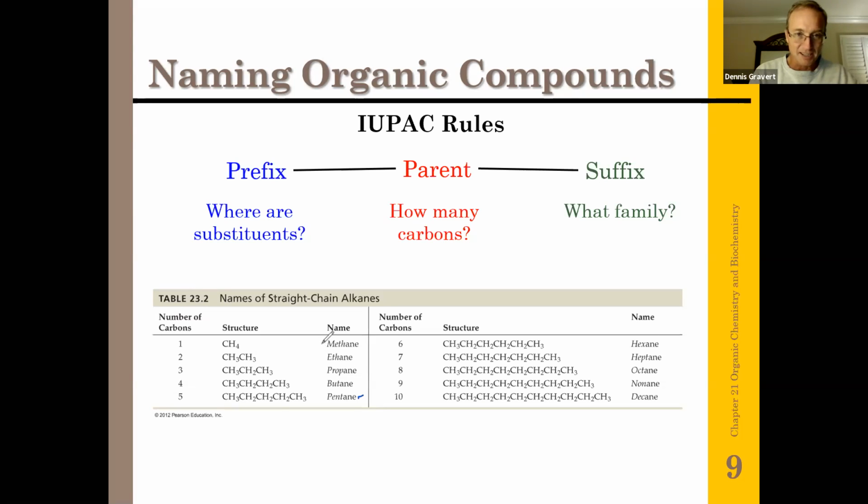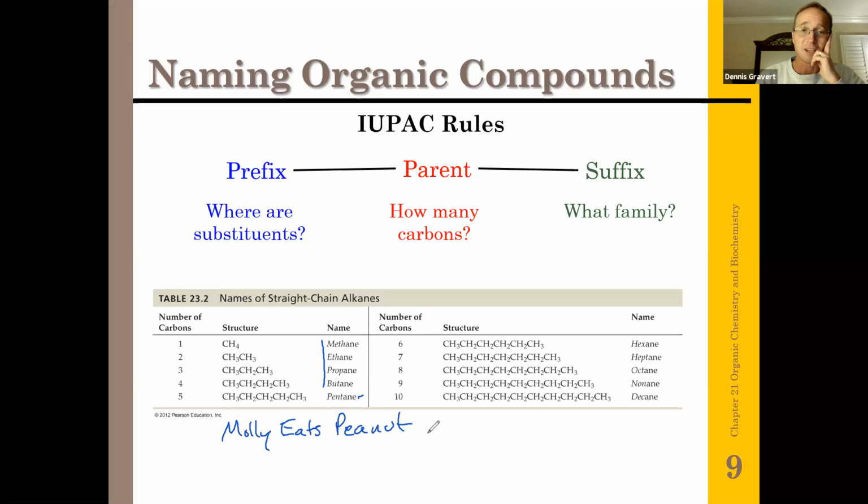Now, unfortunately, when we're naming, before we used mono, di, tri, and tetra, then the penta and the hexa. So sadly, for organic chemistry, we don't use those. We use methane, ethane, propane, and butane. And so a student told me, just remember Molly eats peanut butter.